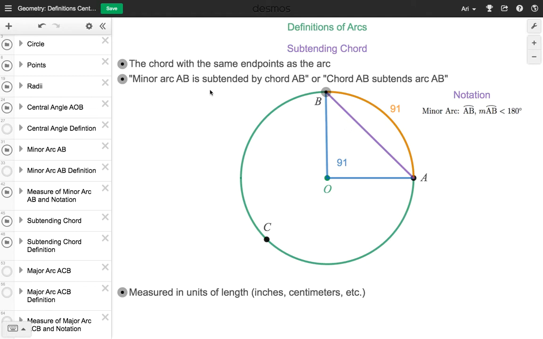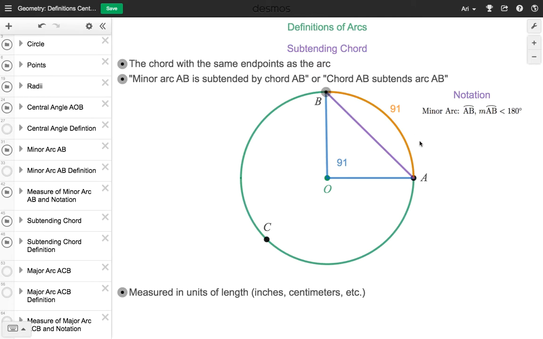So we say that minor arc AB is subtended by chord AB, or chord AB subtends the arc. Okay, and this chord is measured in units of length because it's a distance from A to B. So that is the straight line distance, the chord, that subtending chord, and the pathway around the circumference of the circle, that is the measure of the arc.